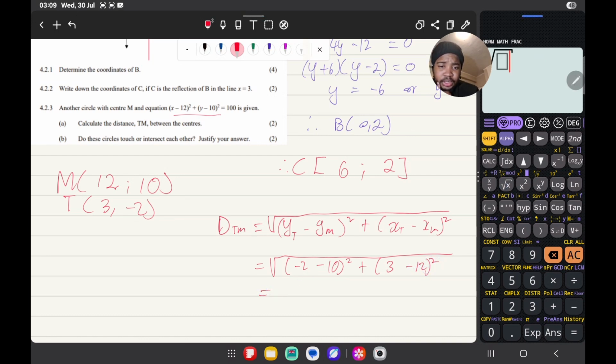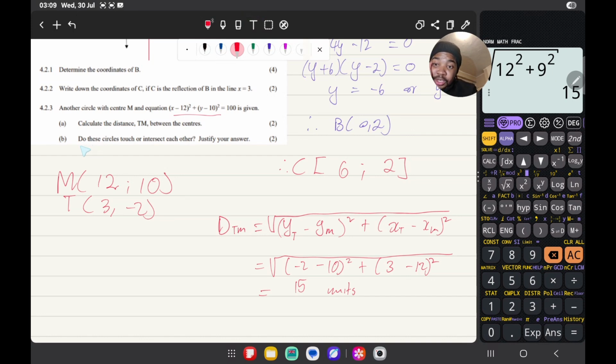Then the answer is, so this is 12, so I have 12 squared, plus this is 9, so I have 9 squared, 15. So for this one, you'll just say TM is 15 units, whatever units they're using to measure.